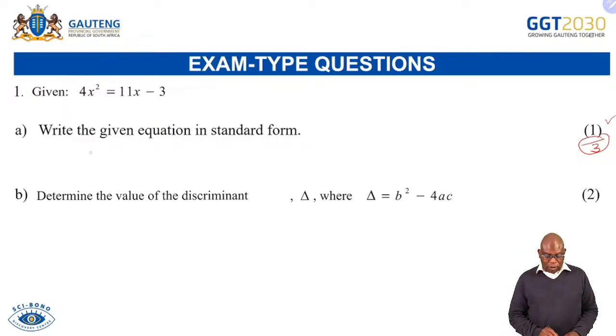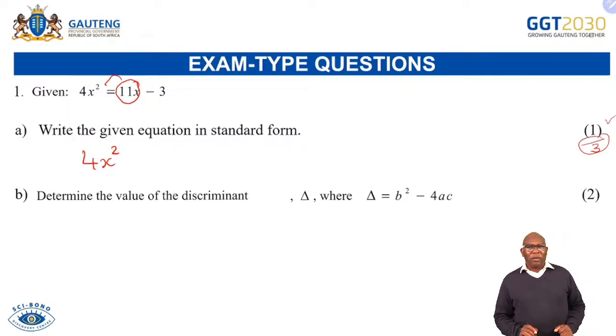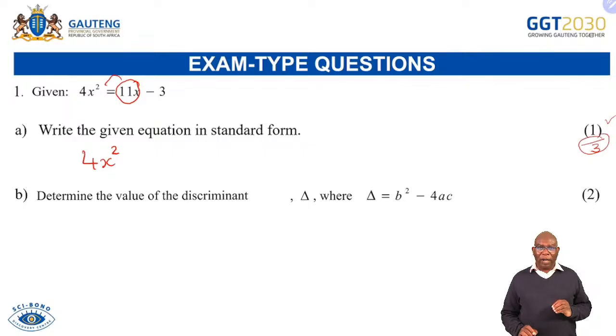So in this case, we have 4x squared. I know that transposing sometimes is a problem, and we've been doing it from grade 8. Let's revisit that part and understand it. So it's 4x squared. You cannot transpose that whole thing like that and say it's minus 11x minus 3.